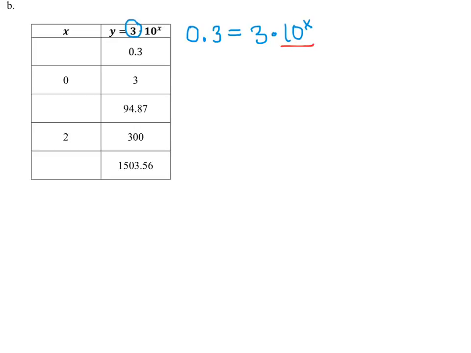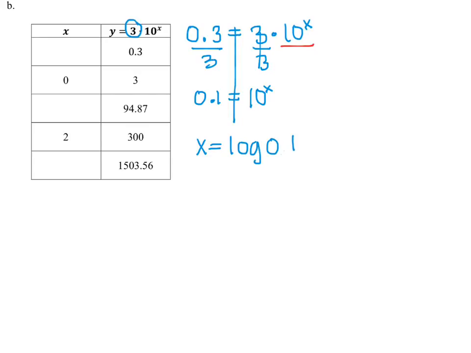In order to do that, I'm going to divide both sides by 3. So those 3's cancel out right there, and I'm left with 0.1 is equal to 10 to the x. At this point, because the 10 to the x is alone, I can say x is equal to log of 0.1. Plug that into my calculator, I get x equals -1.